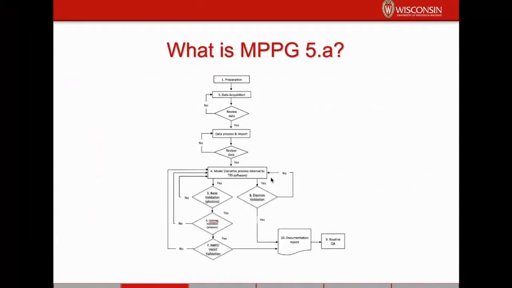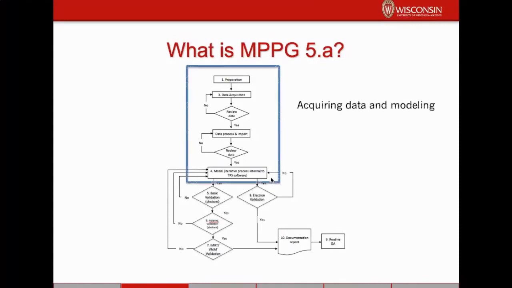So this is a diagram that describes how MPPG 5A conceptualizes the commissioning process. There's sort of three distinct sections. Up at the top, we have acquiring data and modeling. So this involves acquiring commissioning data at a machine, doing some data processing and preparing it for modeling, and then finally generating a model using your treatment planning system.